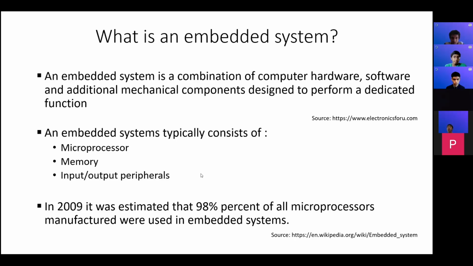It has some memory and it has some input-output peripherals that we will get into in the next slide. Interesting fact is that in 2009, it was estimated that pretty much, it's a crazy number, 98% of all microprocessors were using embedded systems.